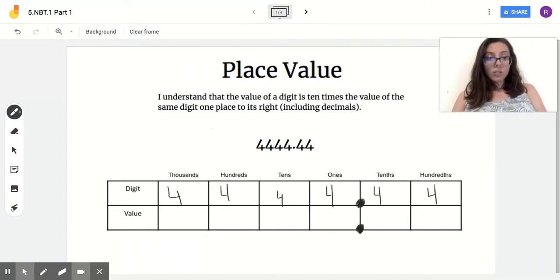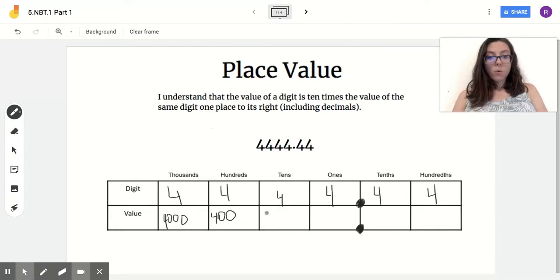So now we can start to think about what is the value of each of these numbers. Well, if I have 4 thousands, that means I have 4,000. So its value, because it's in that fourth place from the decimal point, is 4,000. I have 4 hundreds, which is 400.